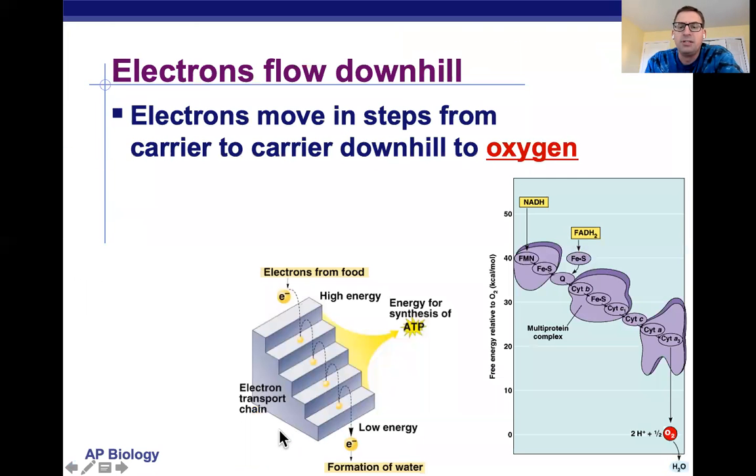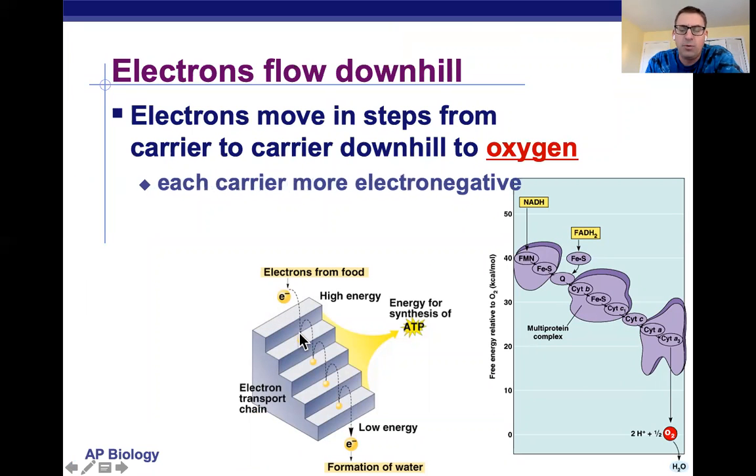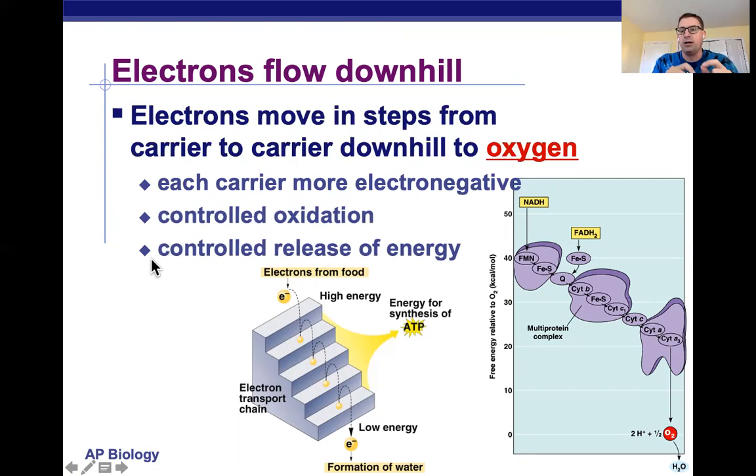Okay, so these electrons, like I said, are moving from one protein carrier molecule to another one, and each one along the way is slightly more electronegative. So what happens is we have a controlled oxidation, right? We are oxidizing one protein and reducing the next one, then oxidizing that protein and reducing the next one.